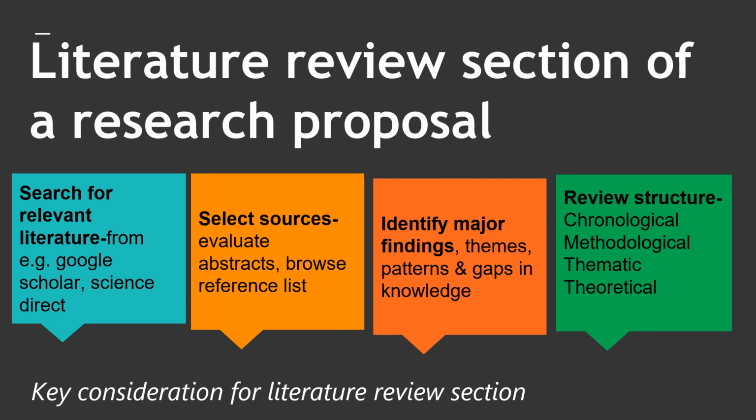Another way of organizing this section is theoretical. This is where, as you read through literature, there are certain models or frameworks or theories within your field, so you can cluster your review based on them. That is the theoretical structure of a literature review, and I provide these details in other videos.